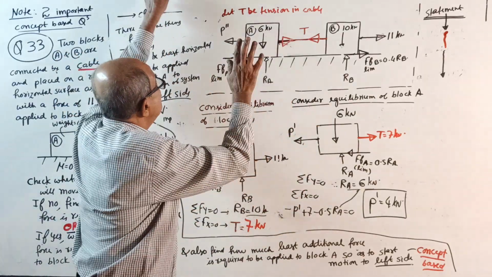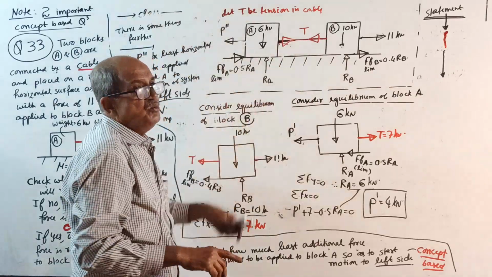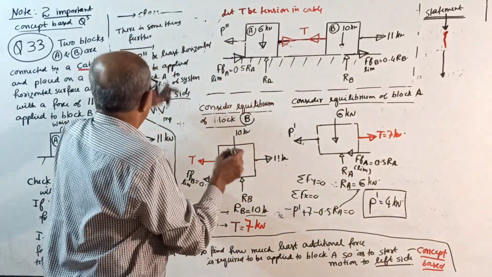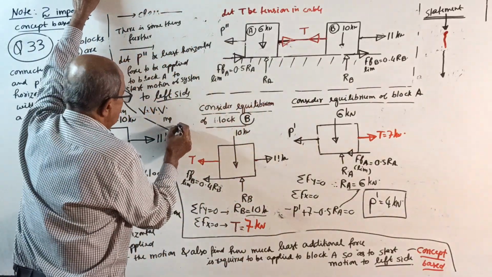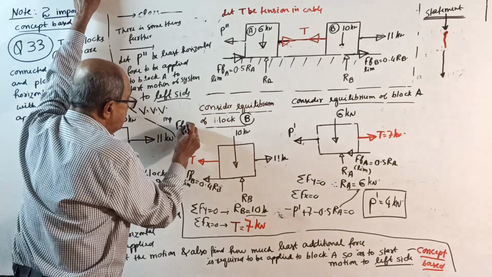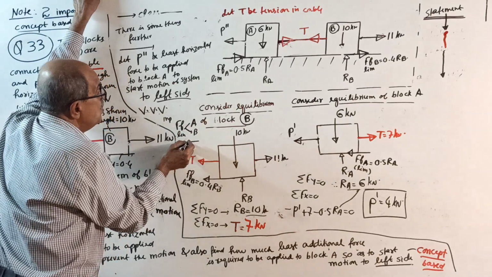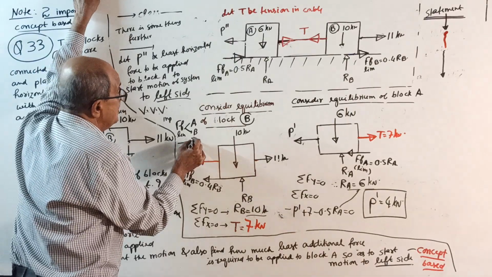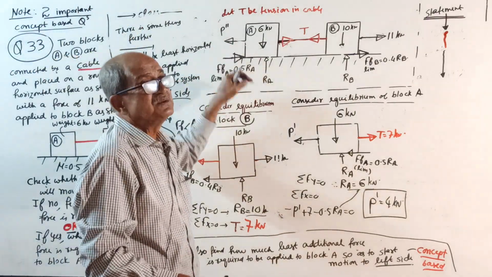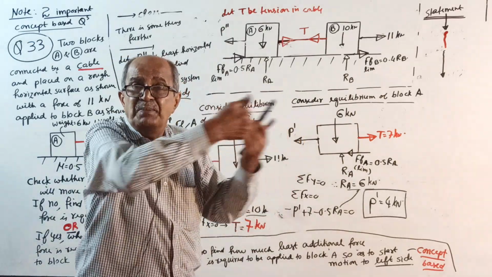When the system starts moving left side, friction is right side. Very, very important. You write here, important: the frictional force FF limit for both block A and block B will be to what side? Right side, because P double dash force is the force which will start the motion to the left side.